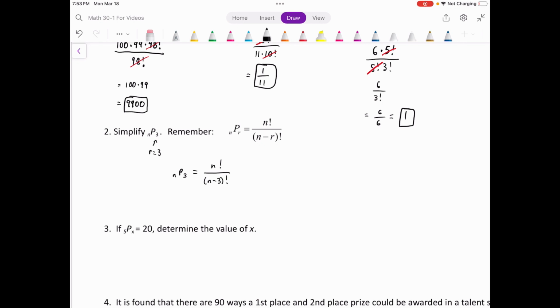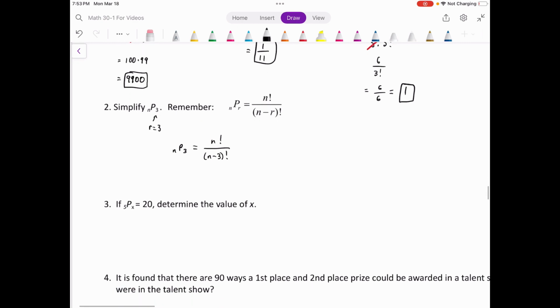Now, do you have any ideas about how we could simplify this? Well, is n minus 3 contained within n factorial? It is, right? Because n factorial is just n times n minus 1 times n minus 2 times n minus 3, and then times n minus 4, n minus 5, n minus 6, but we're just talking about n minus 3 factorial there, right? n minus 3 times n minus 4 times n minus 5 times n minus 6 is just the beginning of n minus 3 factorial, okay?